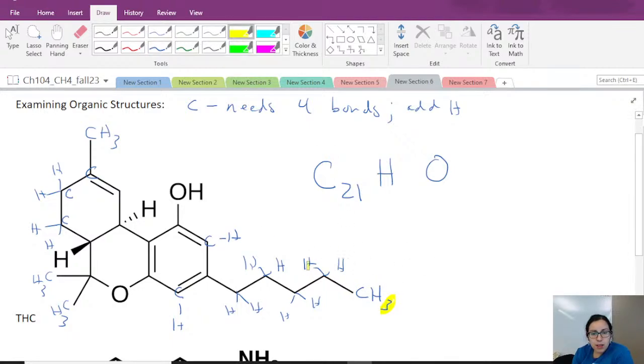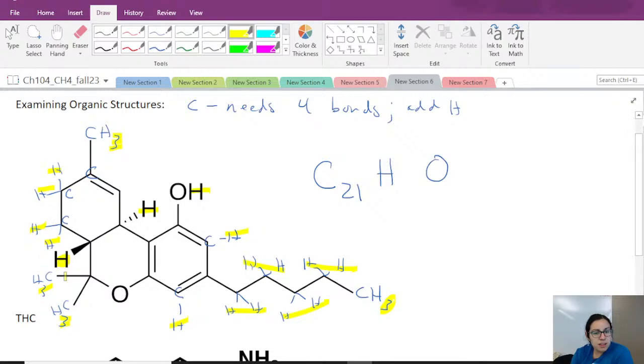And then hydrogens. So I'll try to highlight it. 1, 2, 3, 4, 5, 6, 7, 8, 9, 10, 11, 12, 13, 14, 15, 16, 17, 18, 19, 20, 21, 22, 23, 24, 25, 26, 27, 28. Uh-oh, I think I'm missing some. I'm looking at the answer because it should be 30. Oh, 28. I don't think I counted 29.